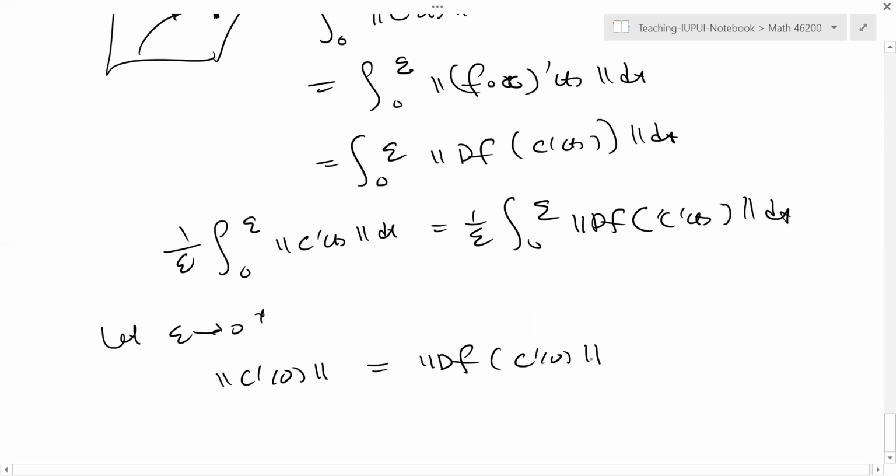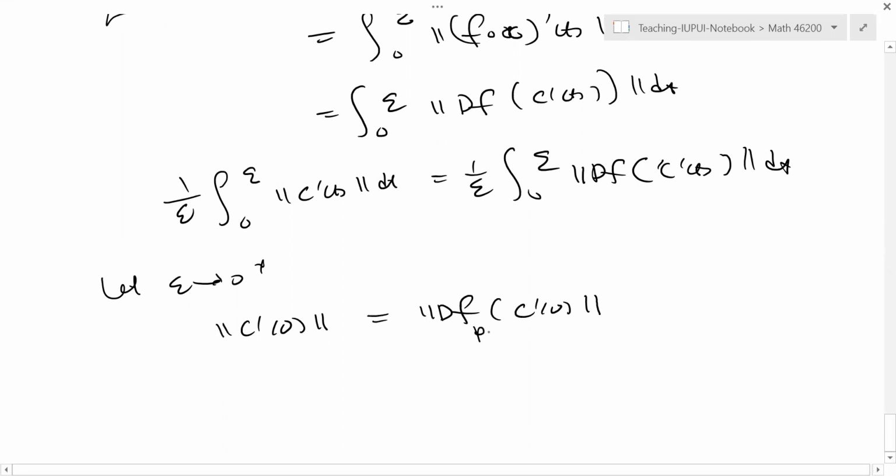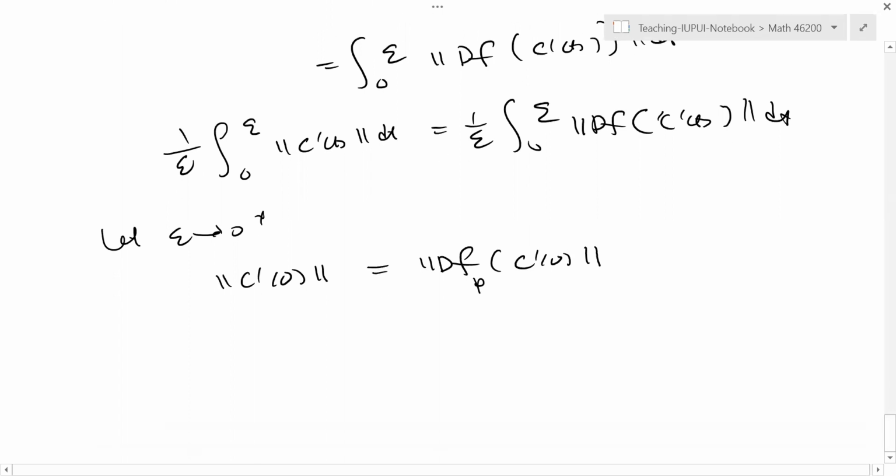That's it. So df at point P preserves the norms defined by the inner product. If a linear map preserves a norm, then it must preserve the inner product, that's from linear algebra.